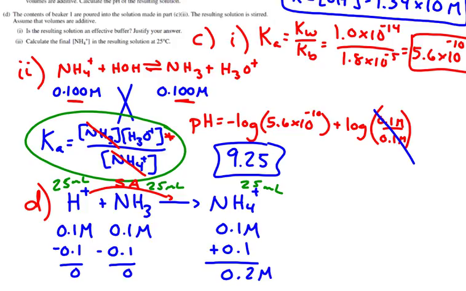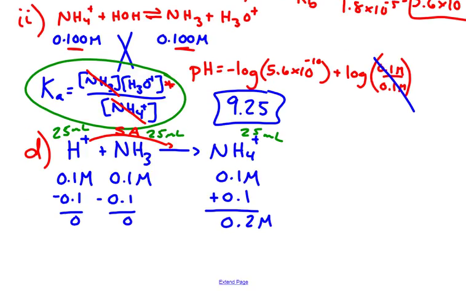Part I: is the resultant solution an effective buffer? You've got to justify it. Why isn't it an effective buffer? You don't have a pair any longer. A word like consumed is good. What was consumed? What matters in here?